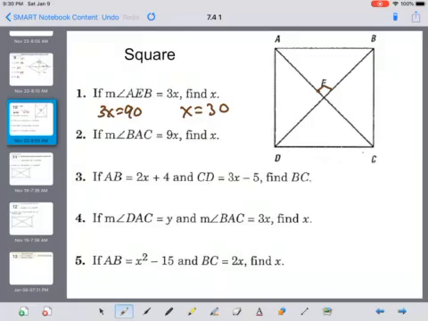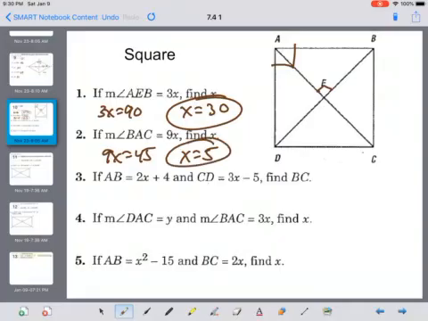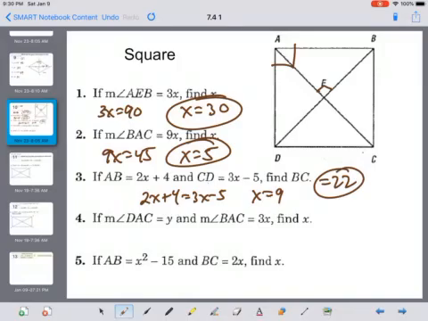BAC, because it's a right angle and diagonals bisect, that angle has to equal 45, so x equals 5. For number 3, the sides have to be equal to each other. So I'm going to get x equals 9, which means BC is equal to 22.